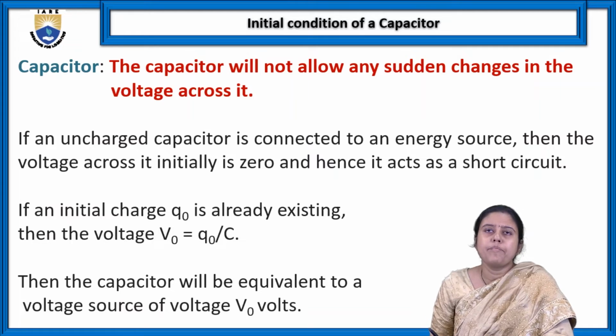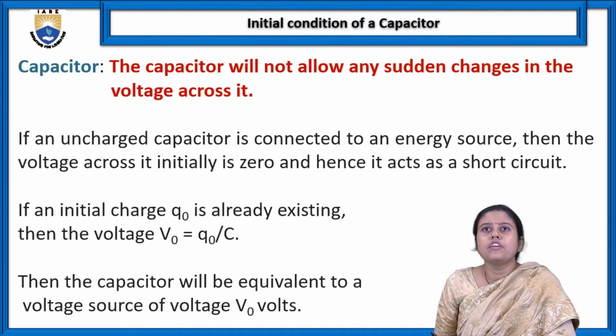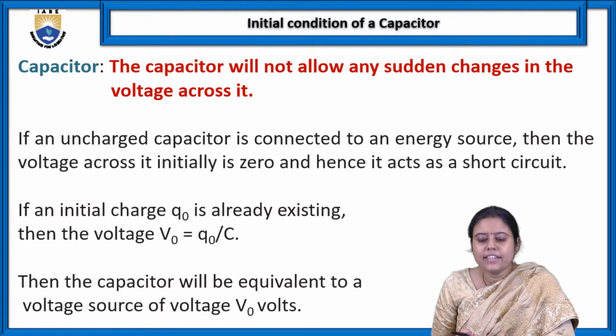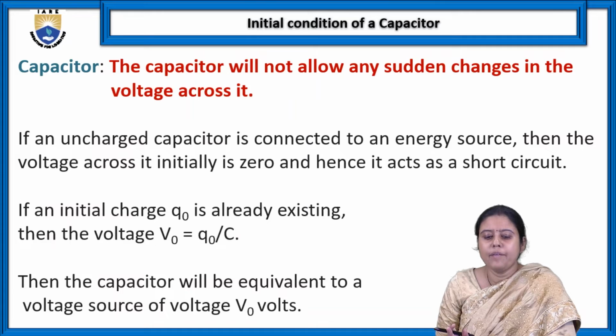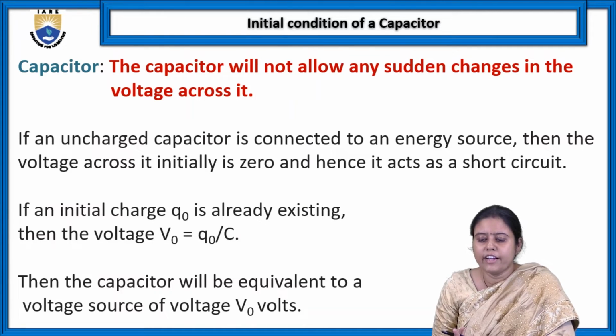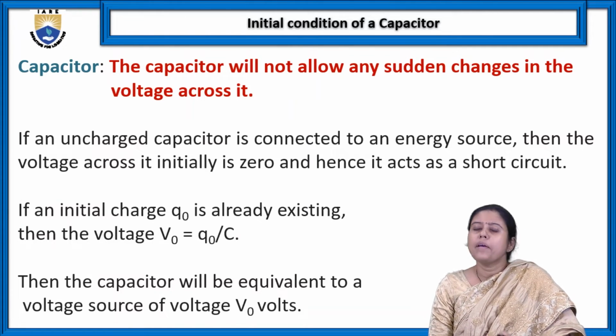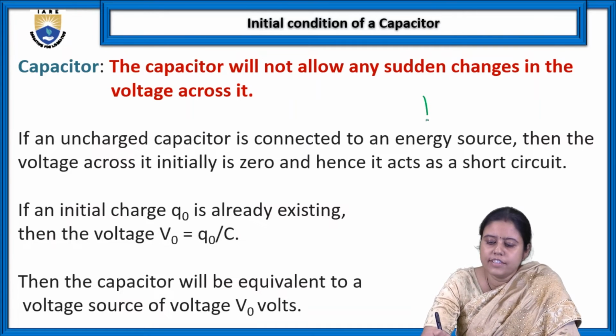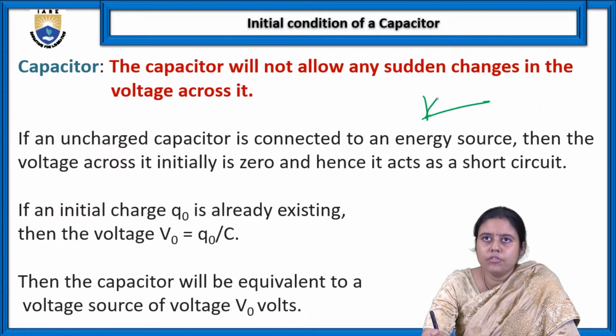What will happen to the capacitor? The capacitor will not allow any sudden change in the voltage. If an uncharged capacitor is connected to an energy source, then initially the voltage across it is 0 and then it will start to increase.